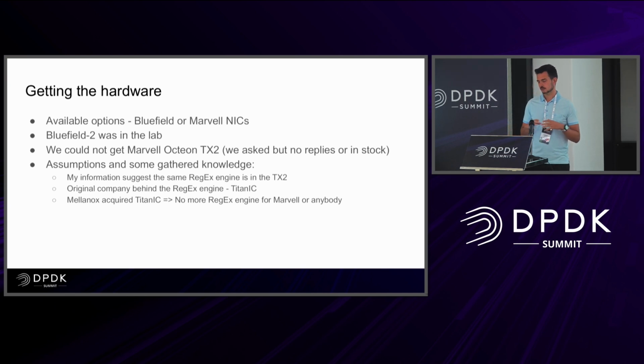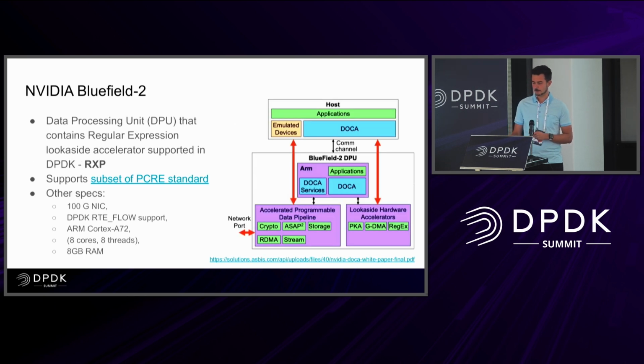And from my information, the same regex engine should actually be in the Marvell NIC as well. My assumption is that as Mellanox or NVIDIA bought the regex engine company, Marvell lost the opportunity to have the regex engine in there.